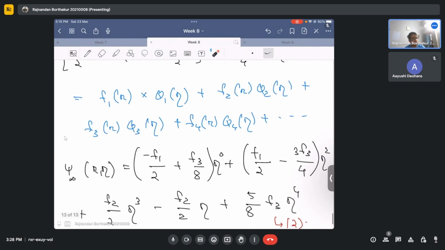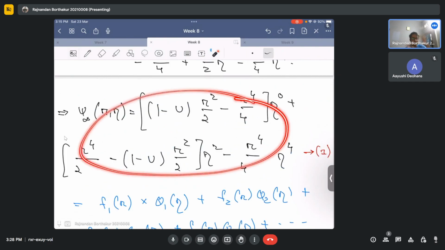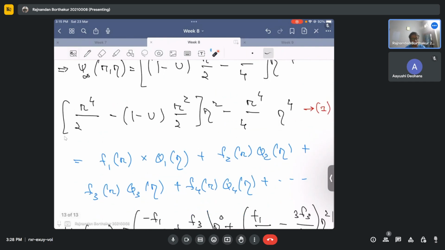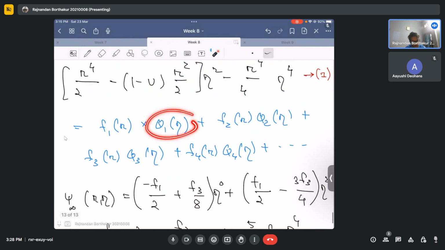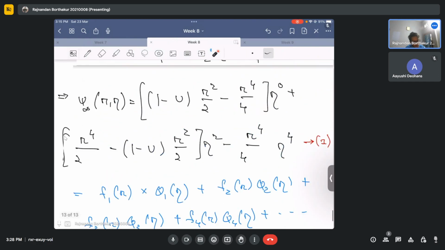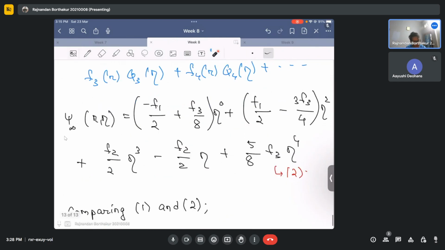Now there might be one more question: why not take another mode, f5 of r times Q5 of η? You can, but eventually when you compare with this form, you will show that f5 simply reduces to 0. So after expanding Q1, Q2, Q3 and Q4, we are now trying to compare equation 1, which we got from the far field ψ infinity, with this equation.